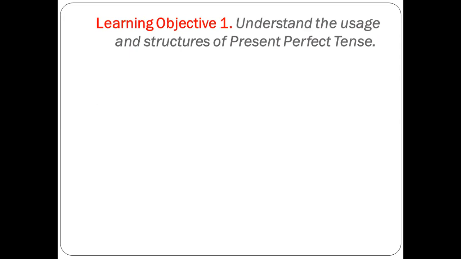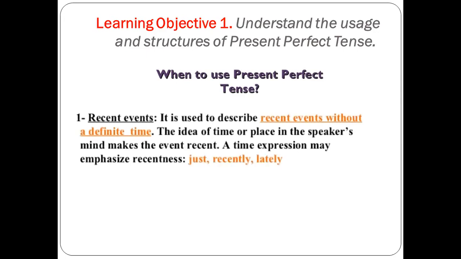Now, can you think of a usage, or when do we use present perfect tense? Do you have any idea? Okay, let me see. So when to use present perfect tense, by the way? First, we can use present perfect tense if we talk about recent events, the latest events.